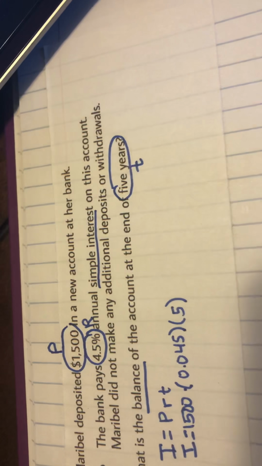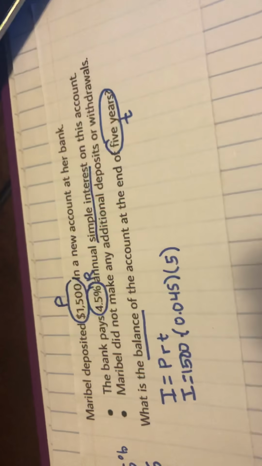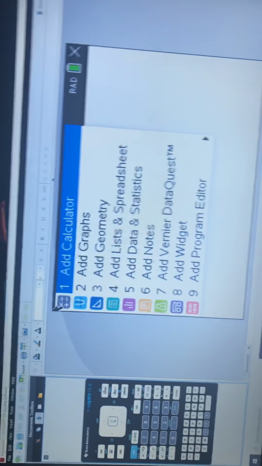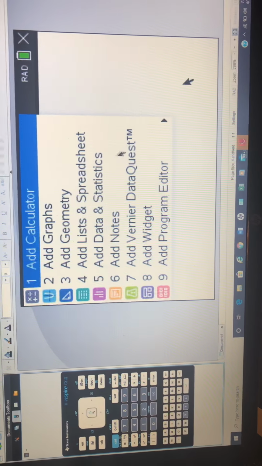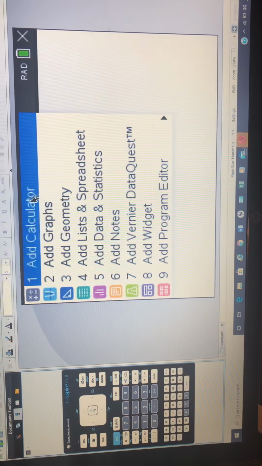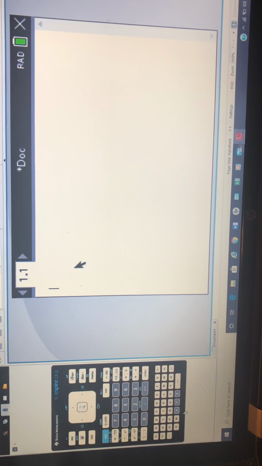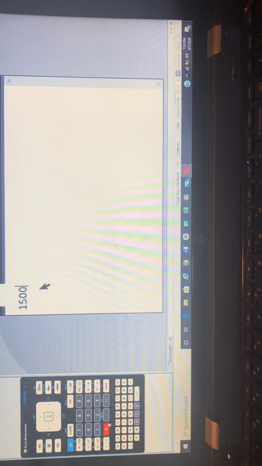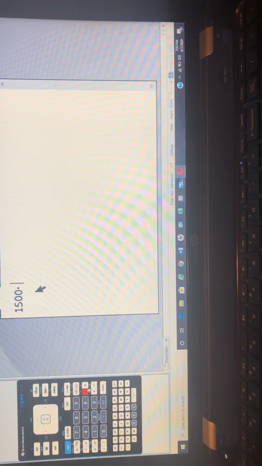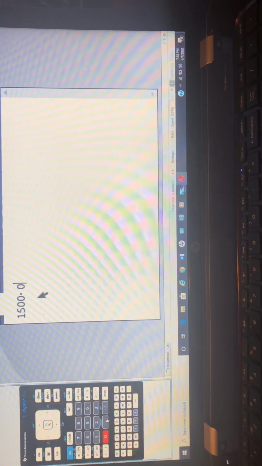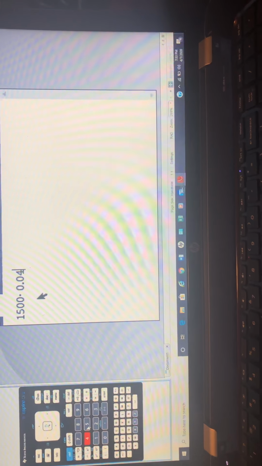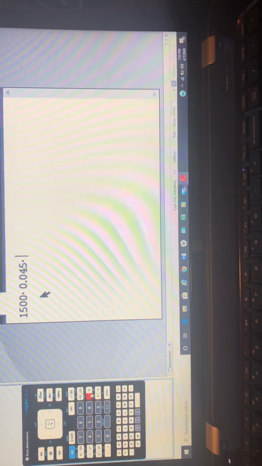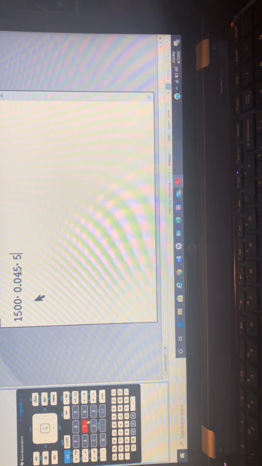Okay, so if you have a regular calculator, even one on your phone, you can just do this. Okay, so I'm going to show you up here. I'm going to show you in the calculator. I'm going to go ahead and put in 1,500 times 0.045 times, and then my 5 years.